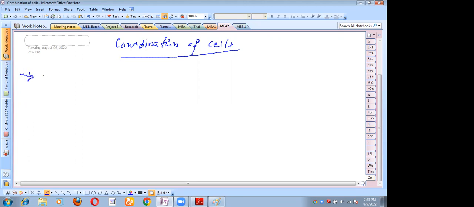So generally, we will go first with series combination. What happens in series combination? Like two cells we have, EMF E1 with internal resistance R1, and another with E2 and R2. Then what is equivalent EMF?